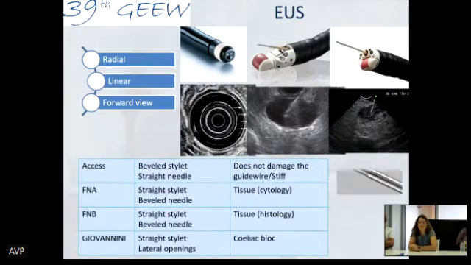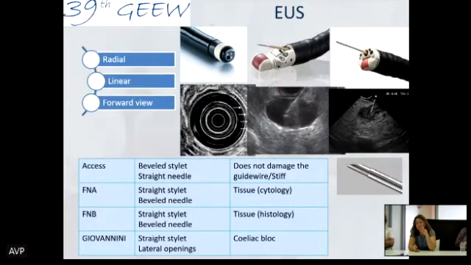It's also very interesting to see the different needles that we have. For example, the access needle is the one you want if you want to do a therapeutic procedure, for example a pancreatic gastrostomy. You have a stylet which is beveled, as you see in the first image, but the needle is straight.